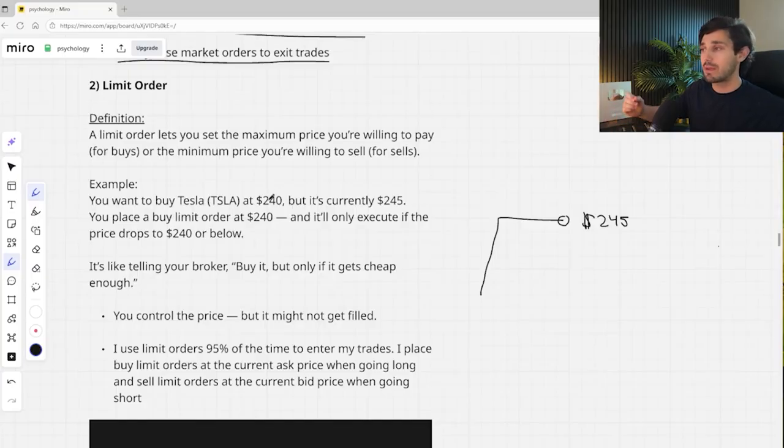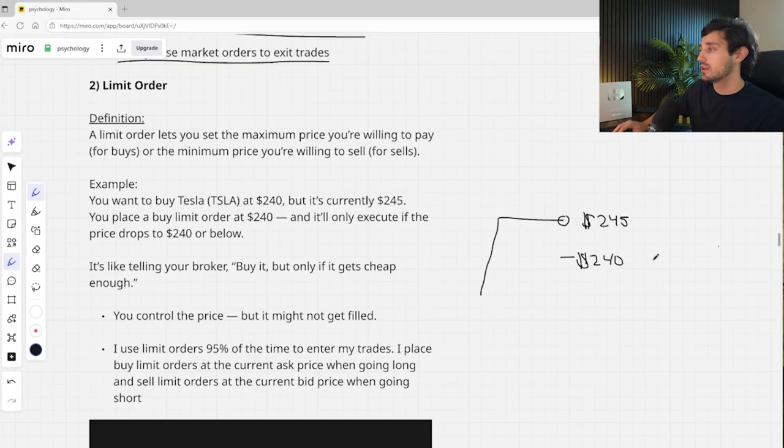So you're okay with paying $240. You're okay with paying $235 for Tesla. You're okay with paying $200 for Tesla. You just don't want it to be more than $240. Great. In this example, you would set a limit order at $240. So you'd place a limit order right here, let's say, at $240.